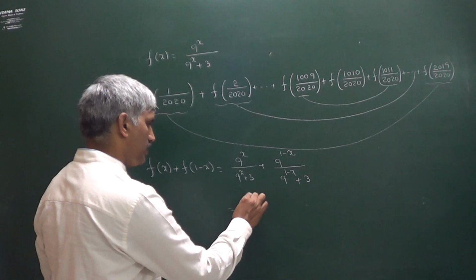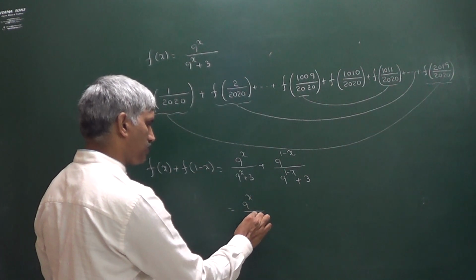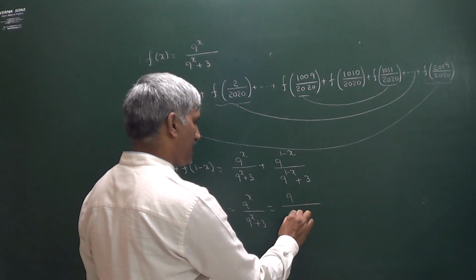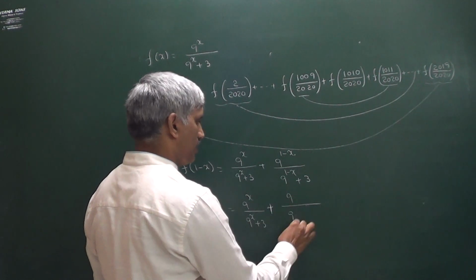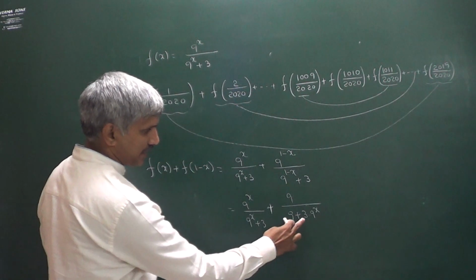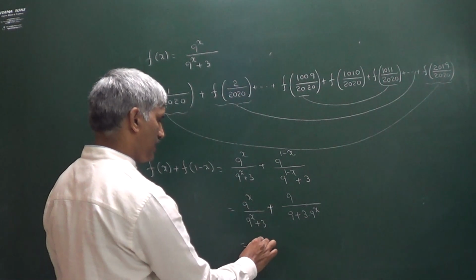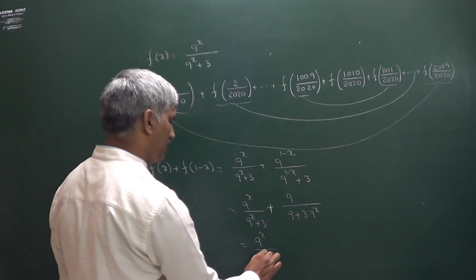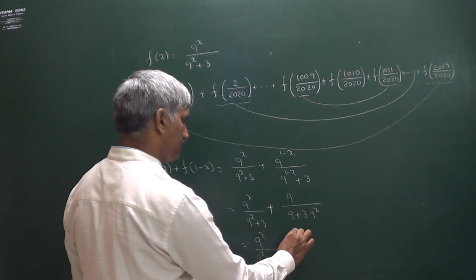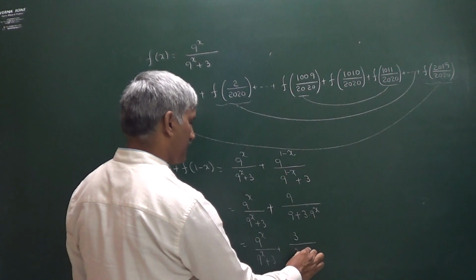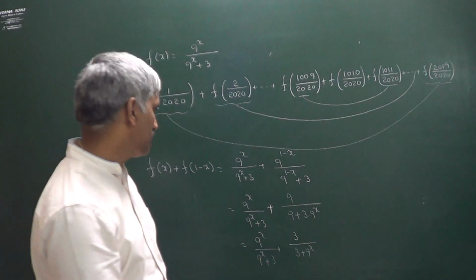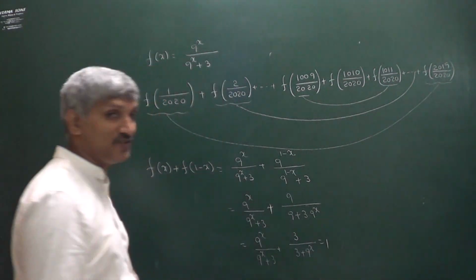Now again you can check, 9 power 1 minus x divided by 9 power 1 minus x plus 3 is equal to 9 divided by 9 plus 3 into 9 to the power of x. You can take 3 common and cancel. So we are getting 9 to the power of x divided by 9 to the power of x plus 3 plus 3 divided by 3 plus 9 to the power of x. Same denominators, so we can add the numerators. f of x plus f of 1 minus x, we are getting 1.